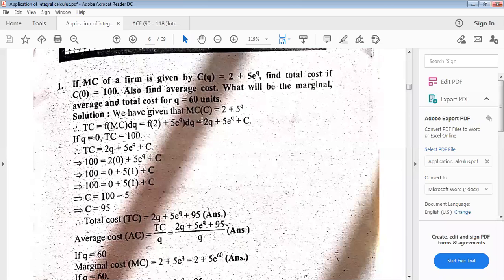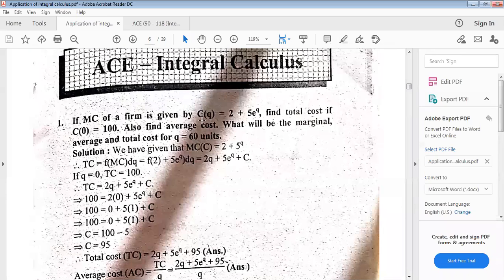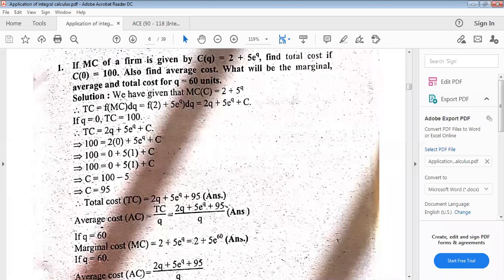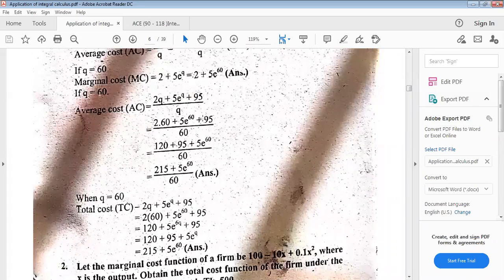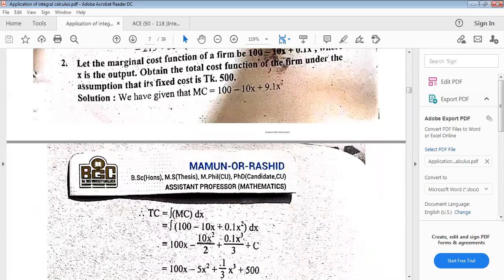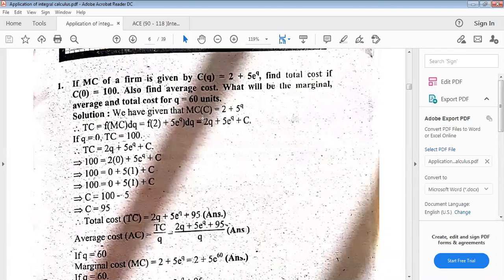Similar process. Another example, application of integral calculus in commerce and economics. Now if the MC of a firm is given by C'(Q) equals 2 plus 5 into e to the power Q, find the total cost if C0 equals 100.